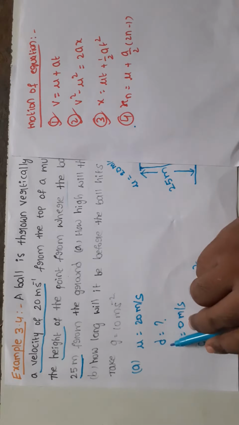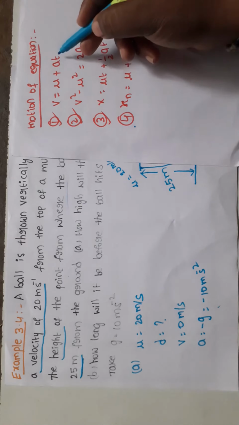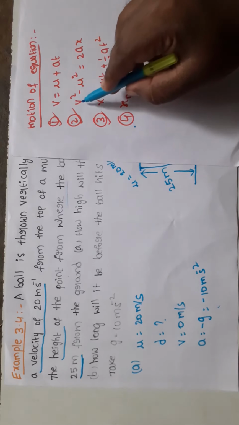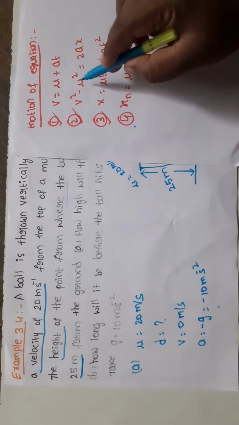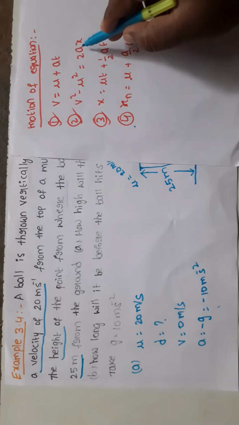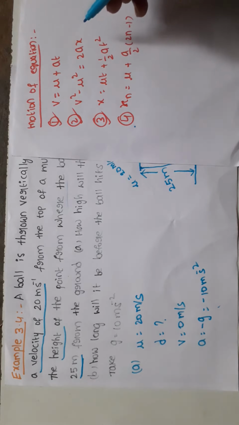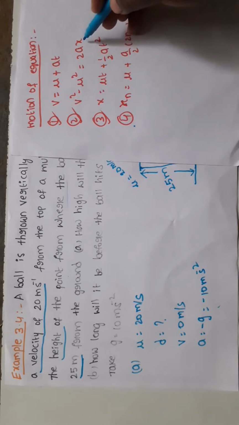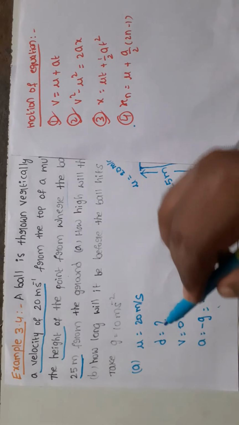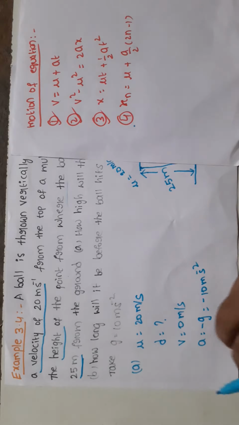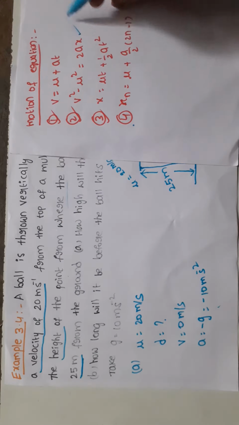But here we have to find the d value, and here we would need the t value, so this is not suitable. Second equation: we know the v value, u value, and also 2a, acceleration, and x means displacement, nothing but height. We want to find the height of the ball or distance, so the second formula is suitable.